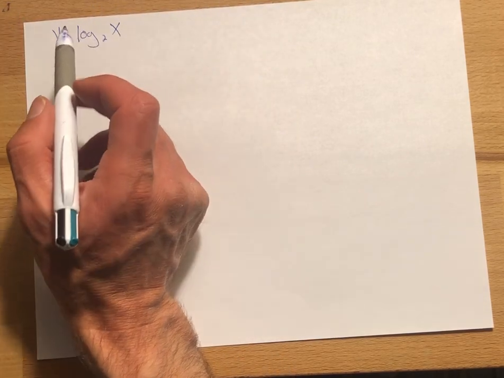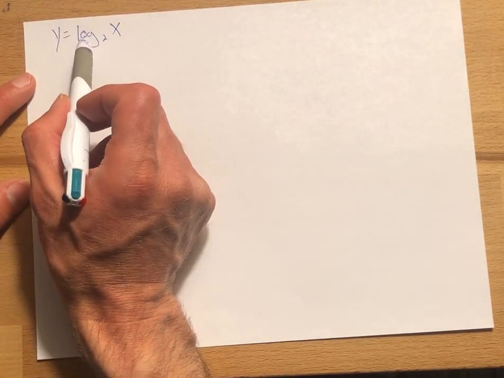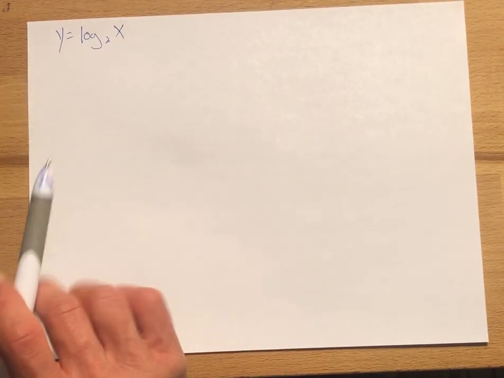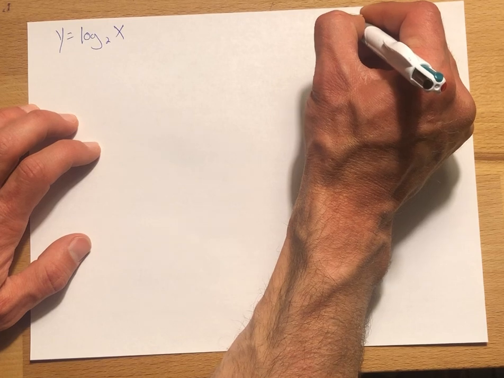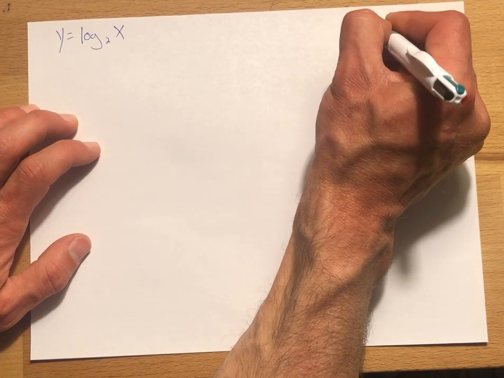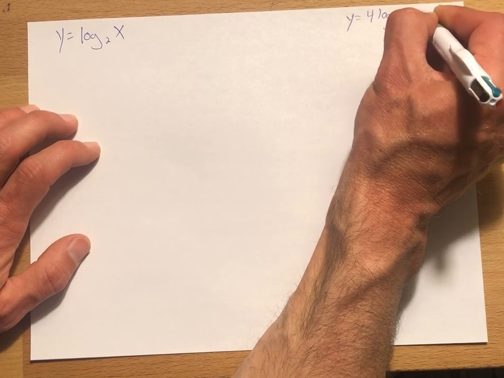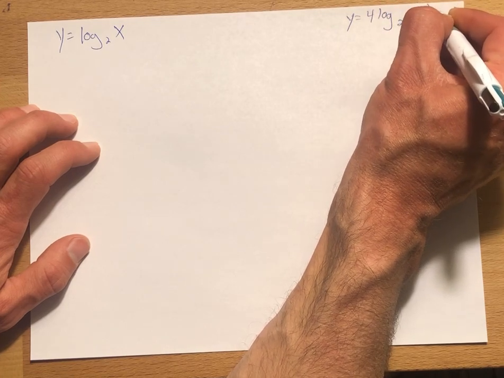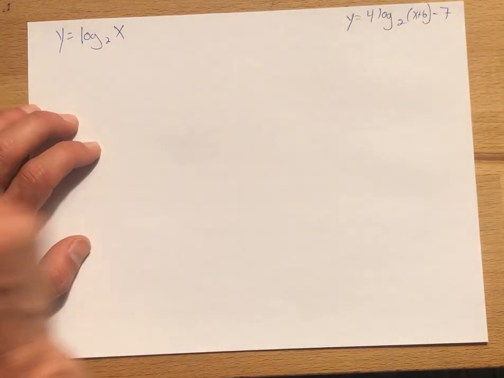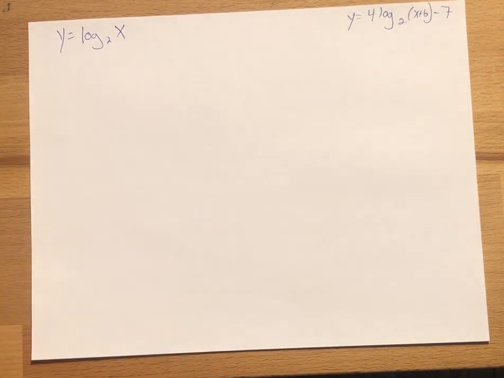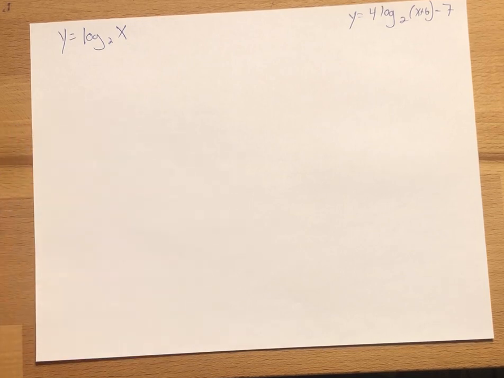I want you to try and graph this parent function and then pause the video, see if you can go from the parent function all the way to y equals 4 times log base 2 of x plus 6 minus 7. See if you can go all this from here to here. All right, pause the video, please try it.